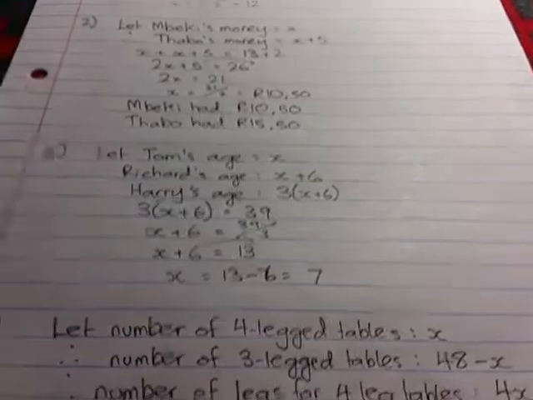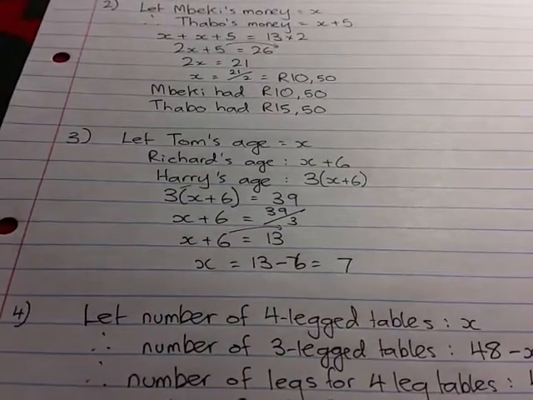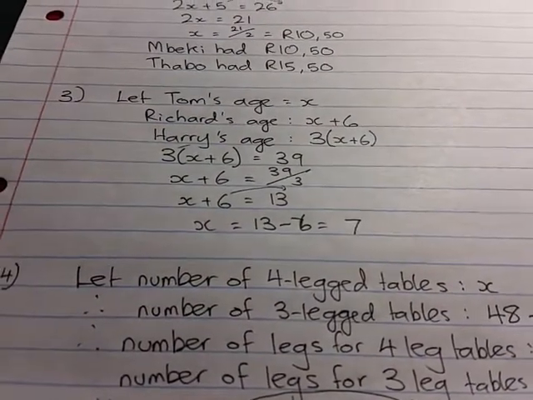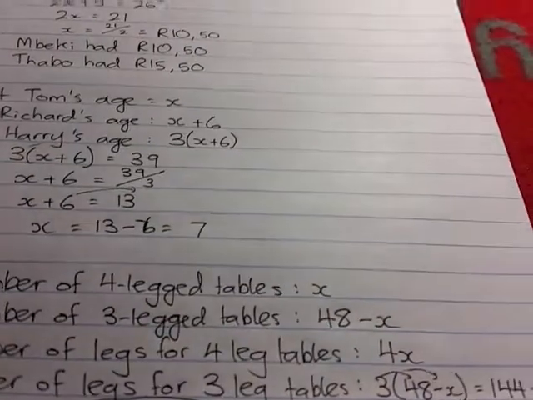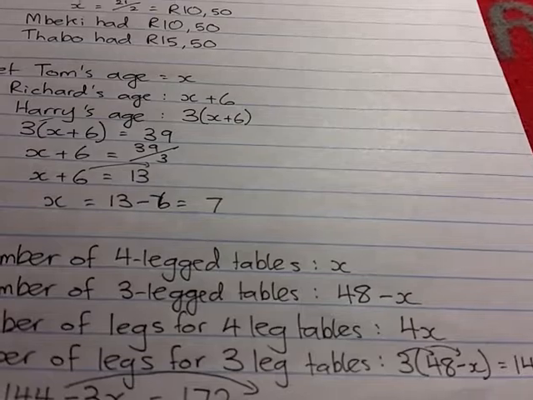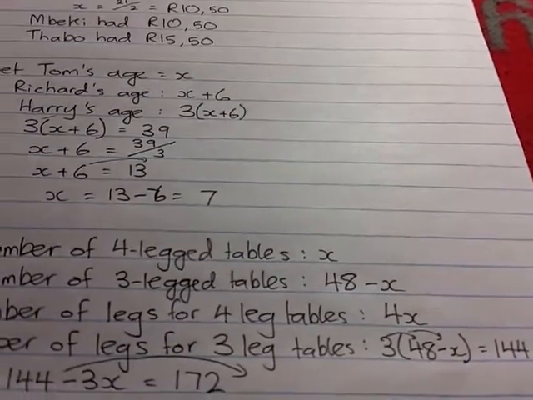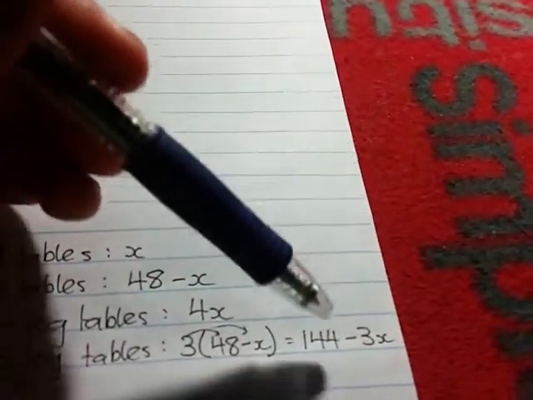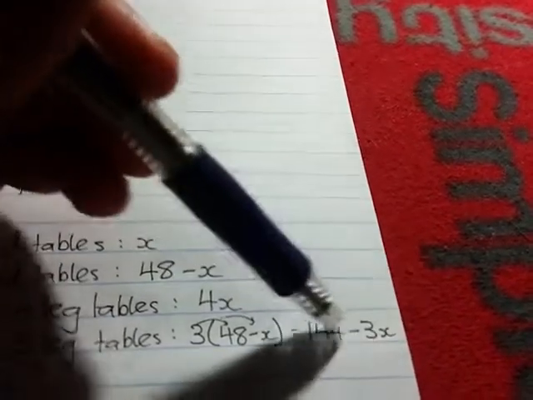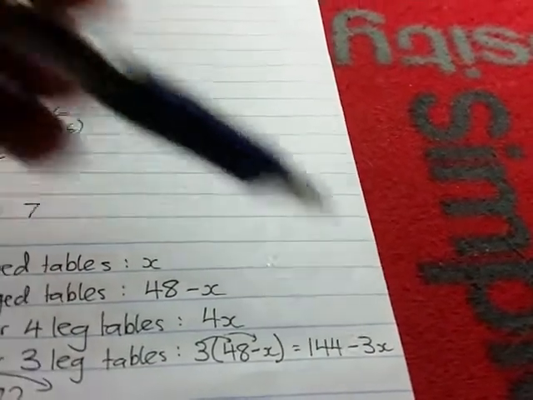And with that, the number of legs the 4-legged tables have is 4x. And the number of legs the 3-legged tables have is 3 times the 48 minus x, because that's 3 times the number of tables for the 3-legged tables. Which I did sort of help out by distributing, turning it into 144 minus 3x.